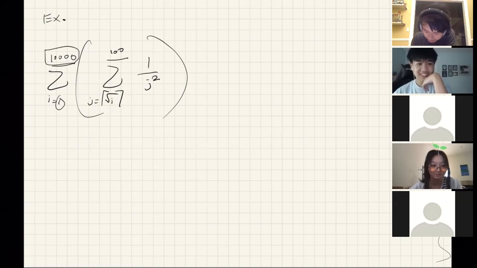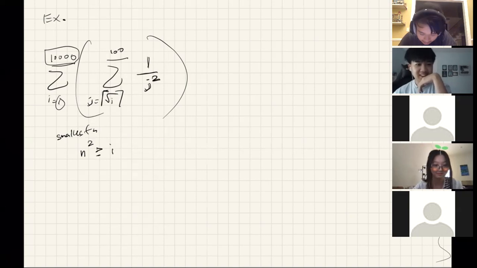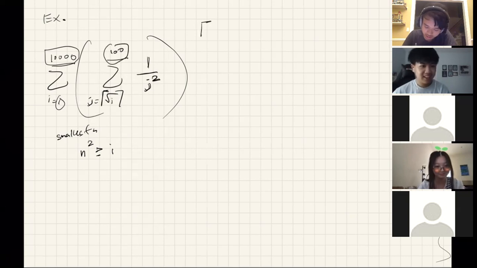This quantity is essentially the sum of 1 over j squared over all j from the ceiling of the square root of I, which is just the smallest integer n such that n squared is greater than or equal to I. But anyways, we'll get into that later, and then you'll sum this up to 100, because the maximum value that this can attain is just 100.